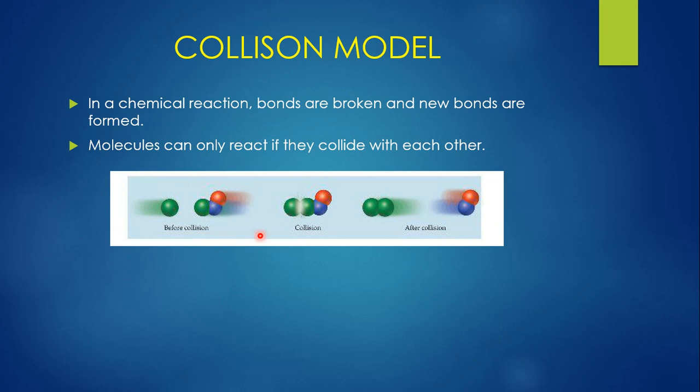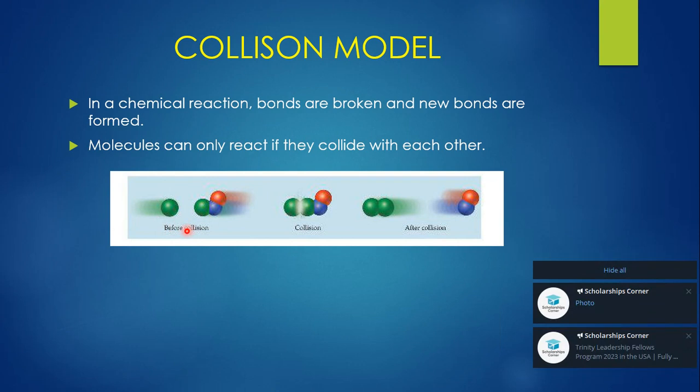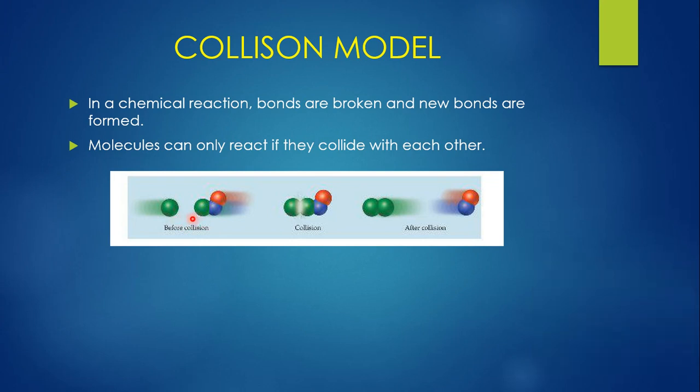So this will help us understand what I'm explaining. For the reactants to collide successfully, they must collide with enough energy. There must be enough energy to initiate a chemical reaction.